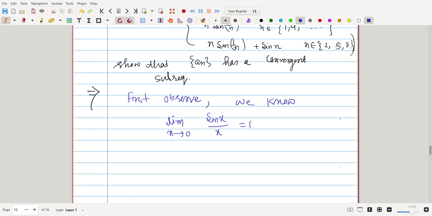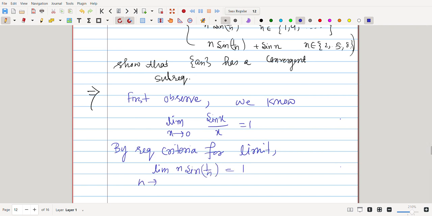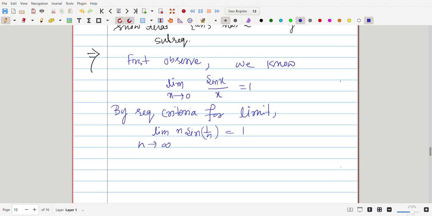So in particular, for x I can take the sequence 1 by n, and limit of n sine 1 by n equal to 1 as n goes to infinity. Now if you have a convergent sequence, then any subsequence must be convergent, right?